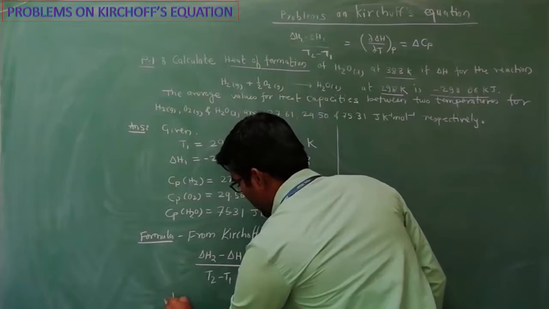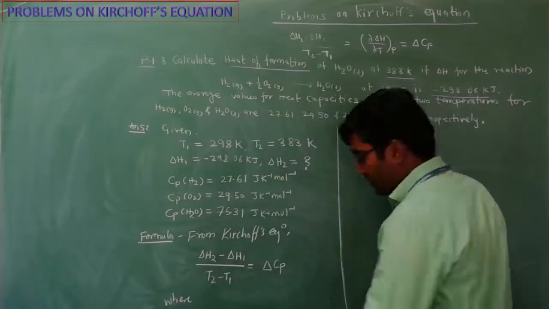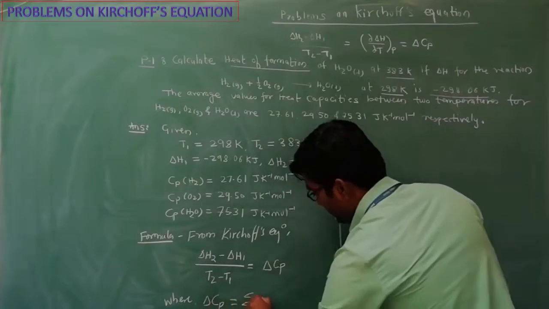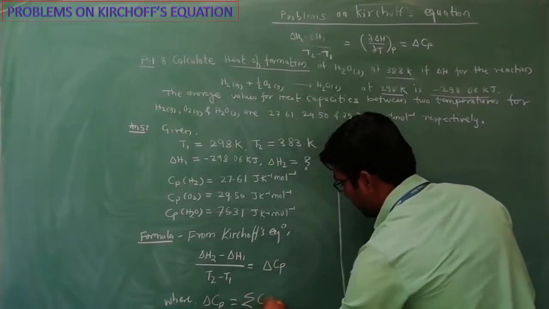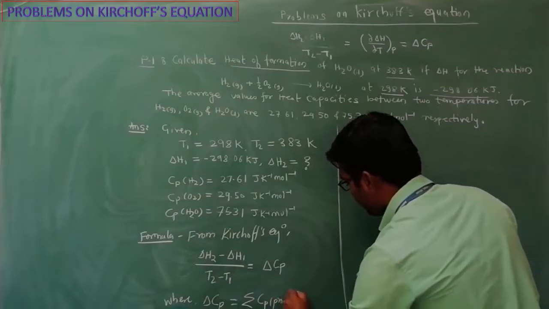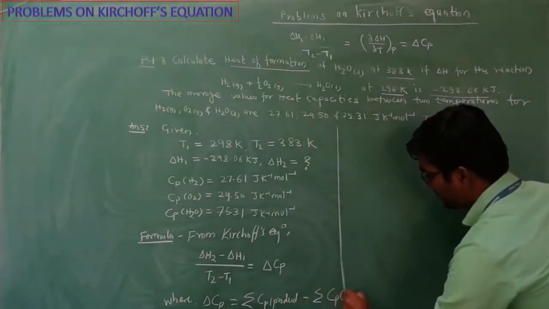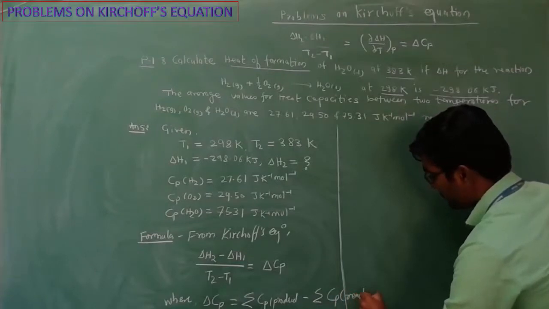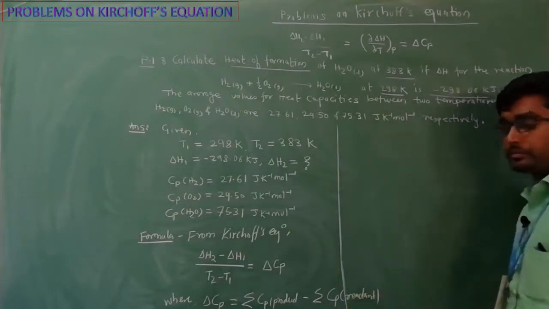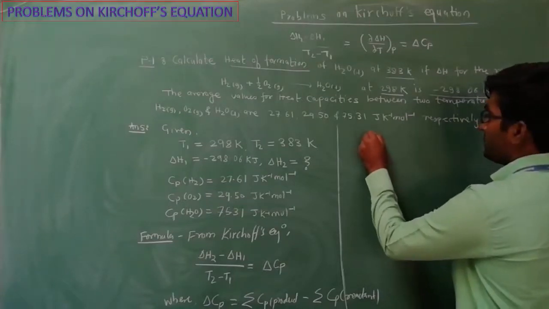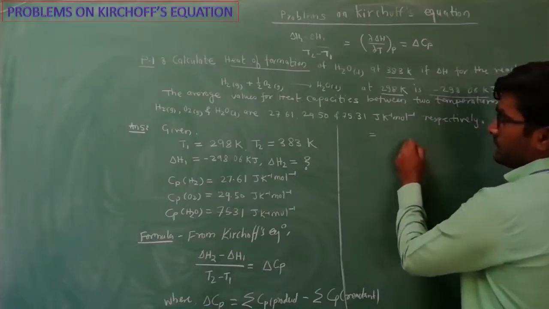Below that write down, where delta Cp is equal to the summation of heat capacities of products minus the summation of heat capacities of reactants.